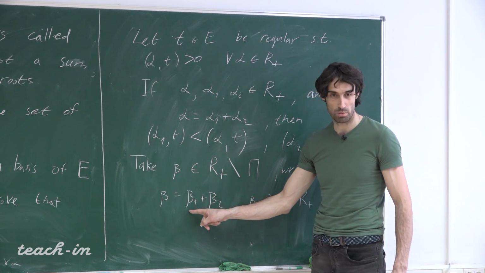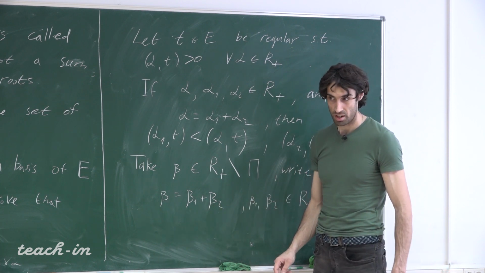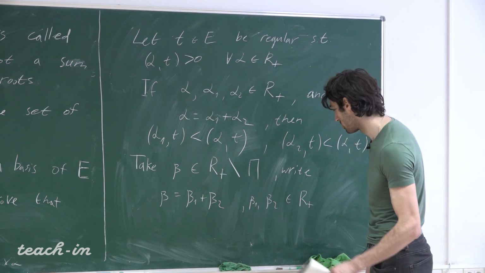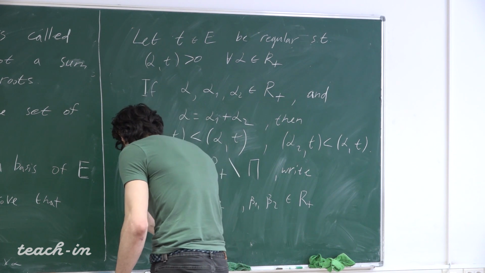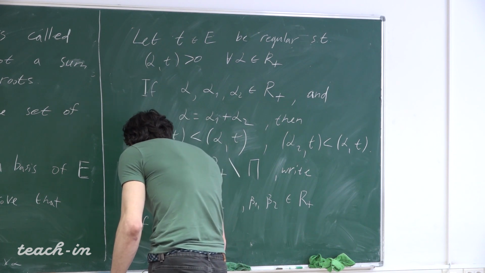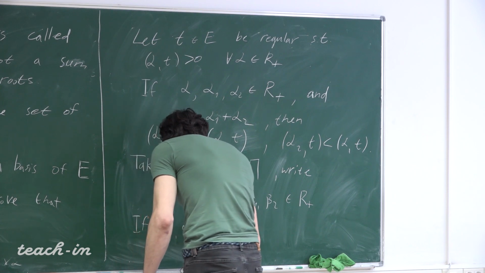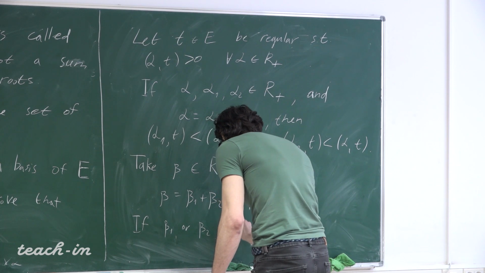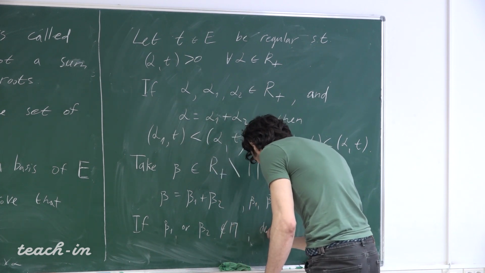We write beta 1 as a sum of two positive roots, and beta 2 as a sum of two positive roots. If beta 1 or beta 2 are not simple, decompose again.